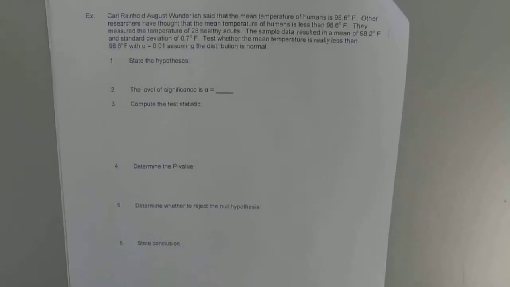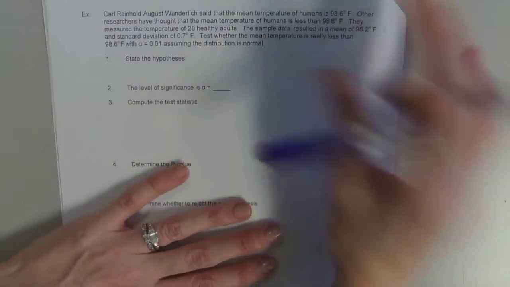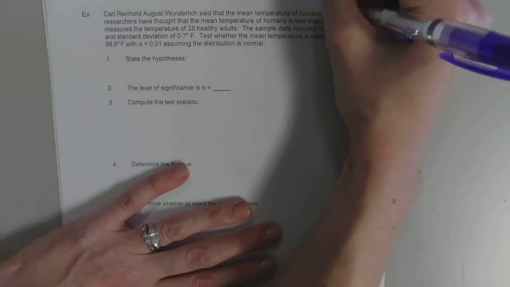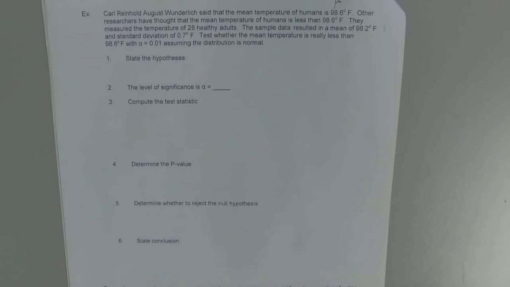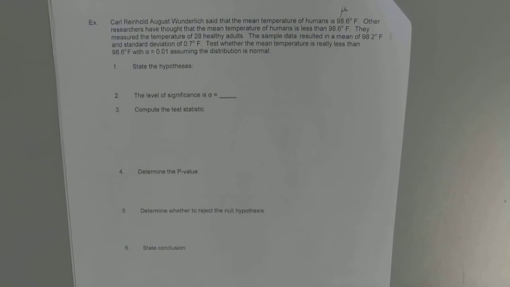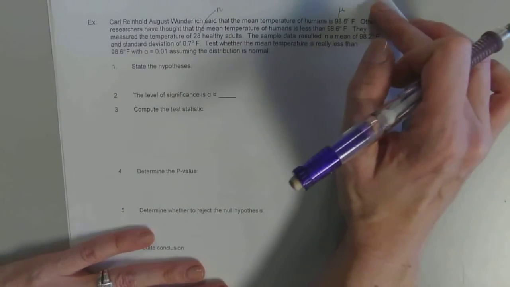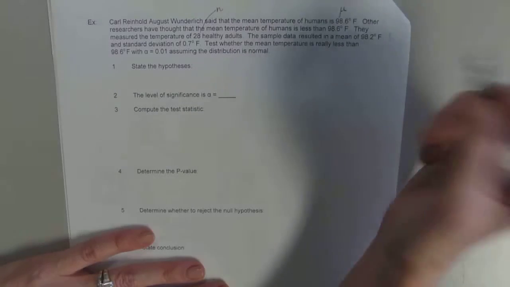All right, so let's label stuff. What is the supposed mean temperature? 98.6. So what are we going to label that with? Mu. That's what the population supposedly is. We went and asked 28 adults. So what can we label the 28 as? n. That's our sample size. And when we took that sample, what was our mean? 98.2.